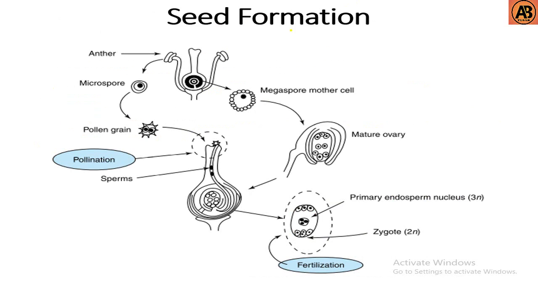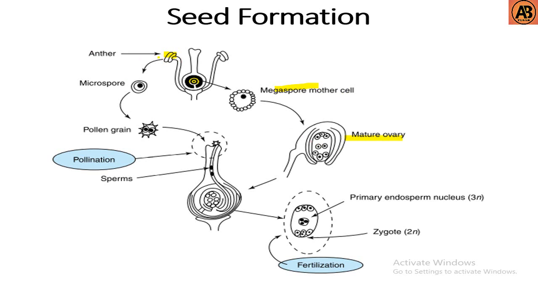Here we can see a complete flower. We know that a complete flower contains both male and female parts. So this is the male part, that is anther, and this is the female part, that is ovary. And the ovary contains MMC, that is megaspore mother cell, in the mature ovary.